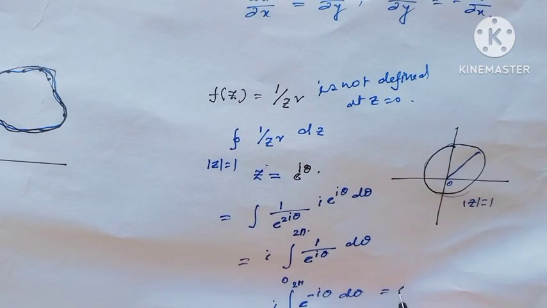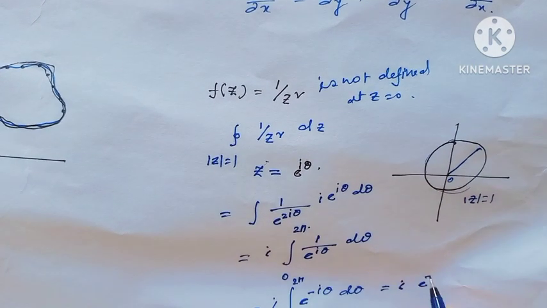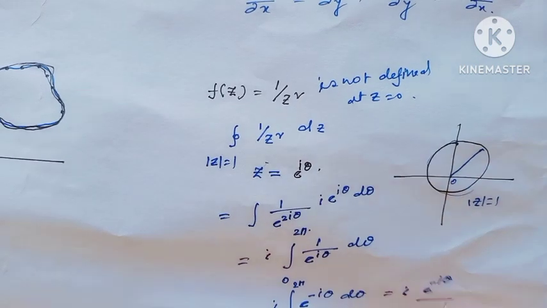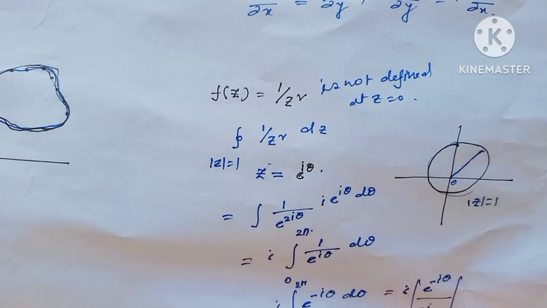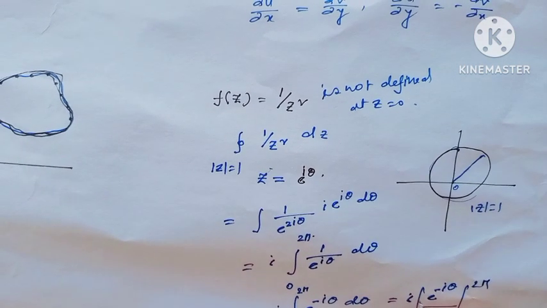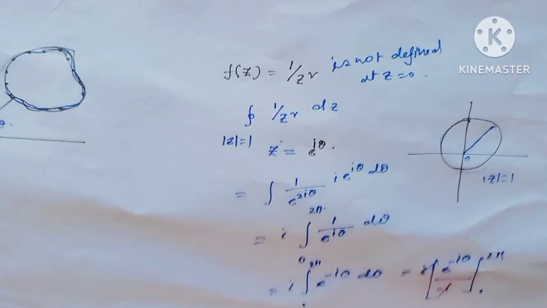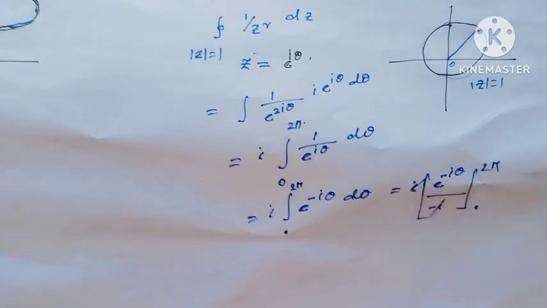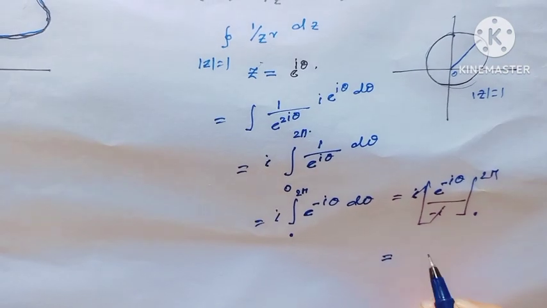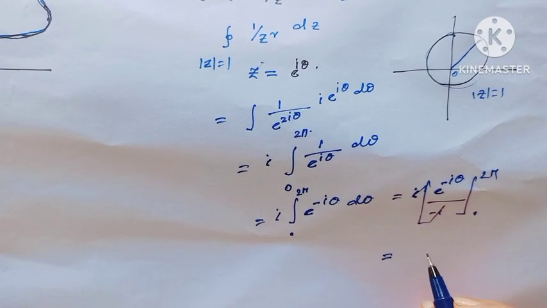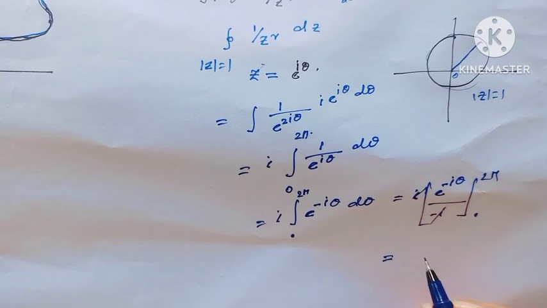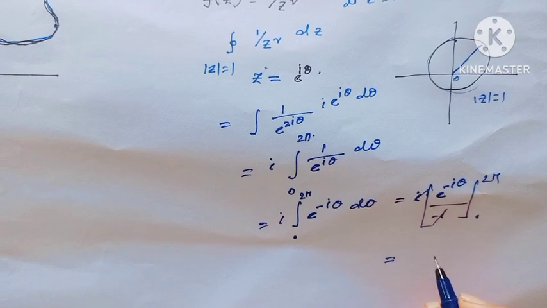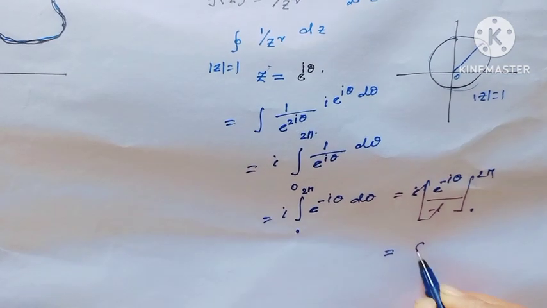This equals i e to the power minus i theta over minus i, from 0 to 2 pi. Just cancel i. So this value would be e to the power minus 2 pi i, which obviously is 0.